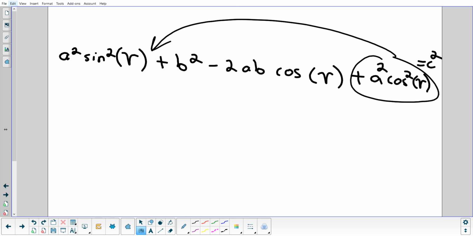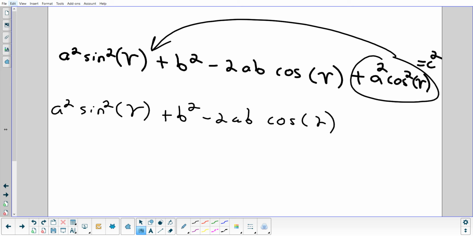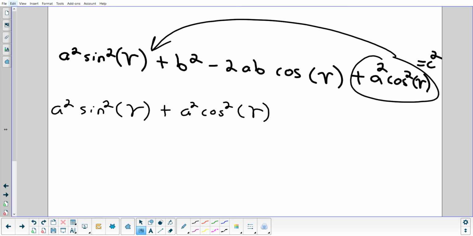So a squared sine squared gamma plus b squared minus 2ab cosine gamma. Oh wait, I didn't move what I wanted to move. So plus a squared cosine squared gamma. I'm moving that next to it. So all I'm doing in this step is rearranging. That's it. Plus b squared minus 2ab cosine gamma.